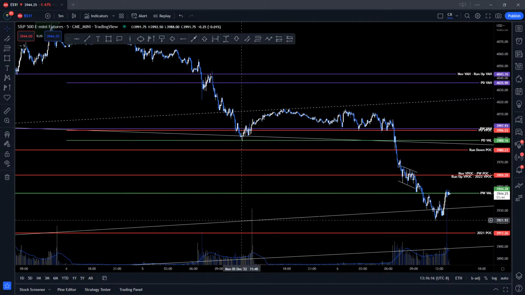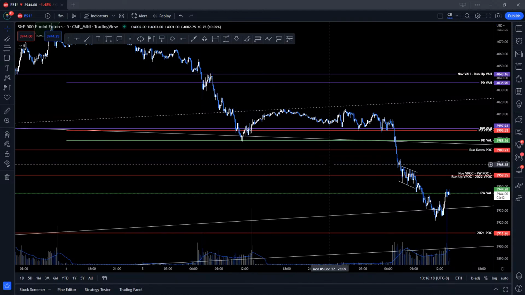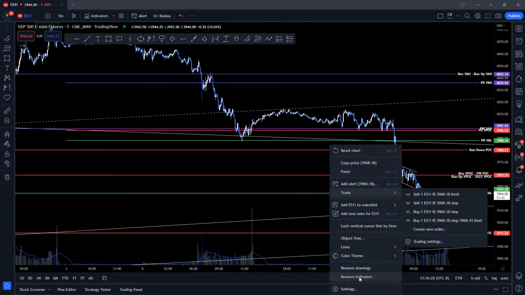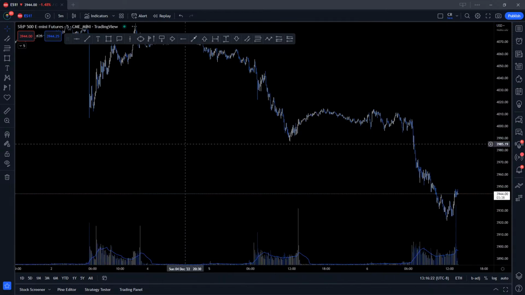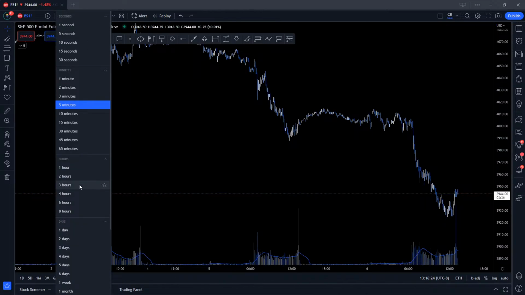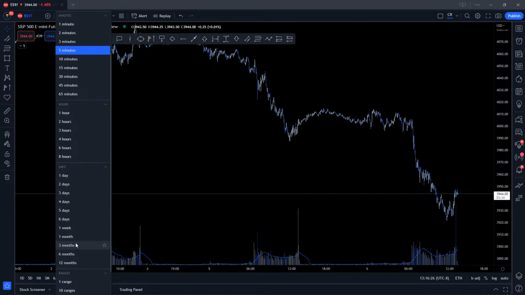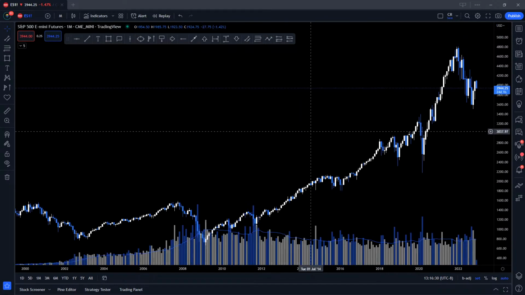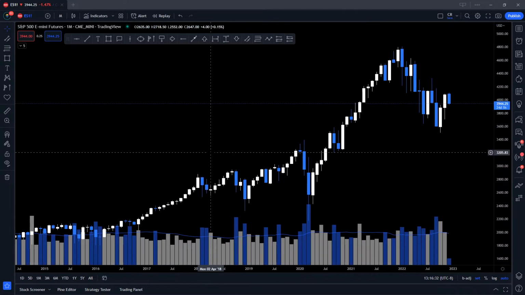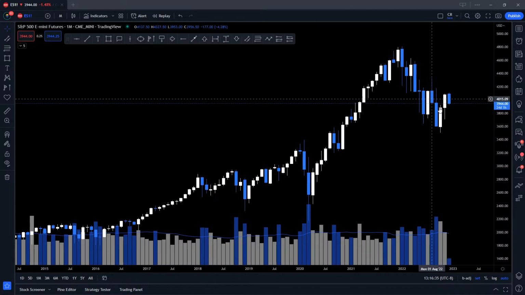I'm going to just wipe my chart, which I hate doing, but we're going to start with some education first. So I want to start by zooming out, taking a look at the overall big picture. We're in a downtrend.